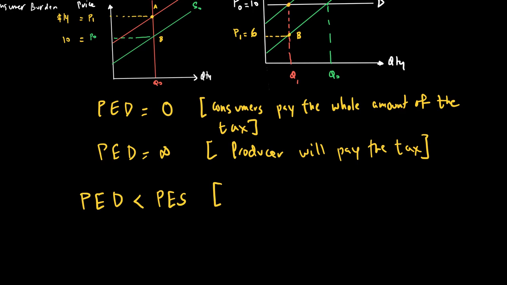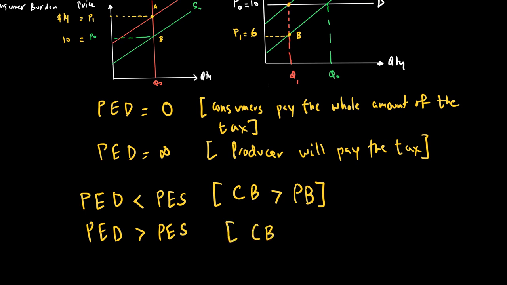We can say that the consumer burden CB will be greater than producer burden. And I'm going to show this in a diagram as well in 1 minute. Similarly, if PED is greater than PES, which means now consumers are relatively more flexible than producer, then the consumer burden will be less than producer burden.